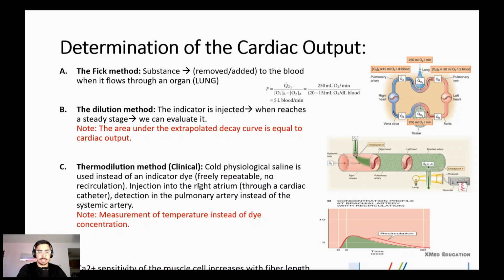Then we inject the cold saline and we can detect it in the pulmonary artery instead of a systemic artery, for example the brachial artery, as I explained here. We can measure the difference in temperature, and from this difference in temperature, we can calculate the cardiac output.